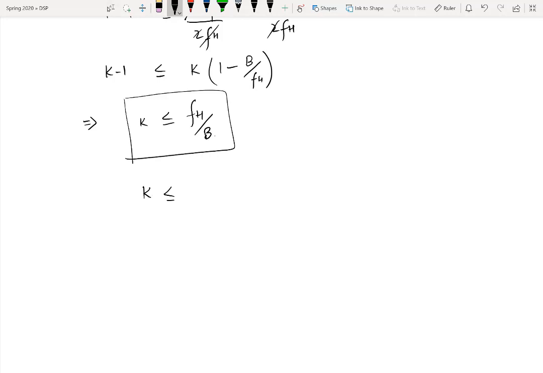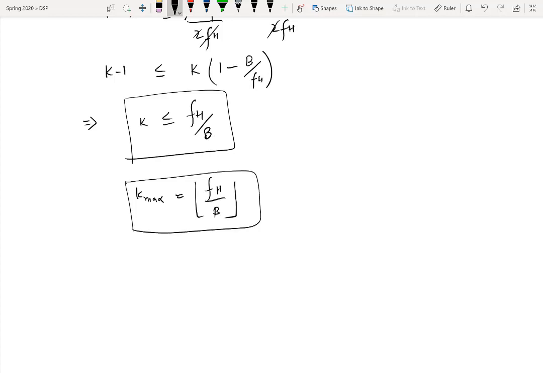If we want to find the maximum value of k, that will of course be obtained by flooring the result, so it will be equal to floor of fh over b. So that is basically the maximum value of k that you can use, right?